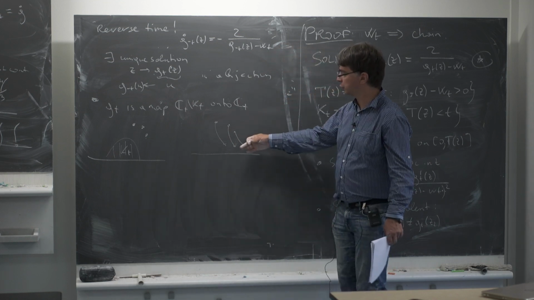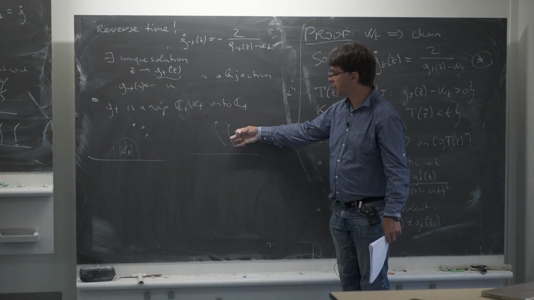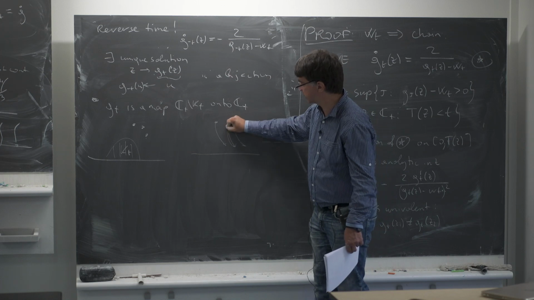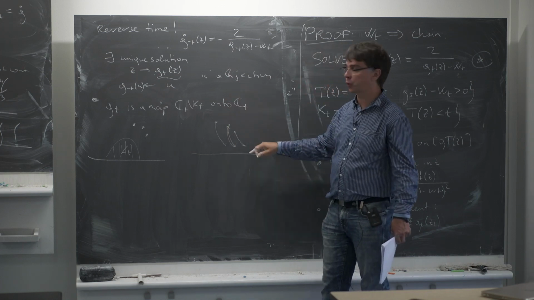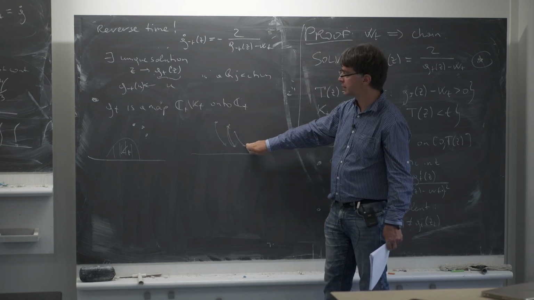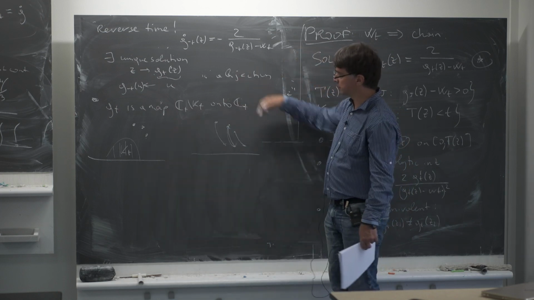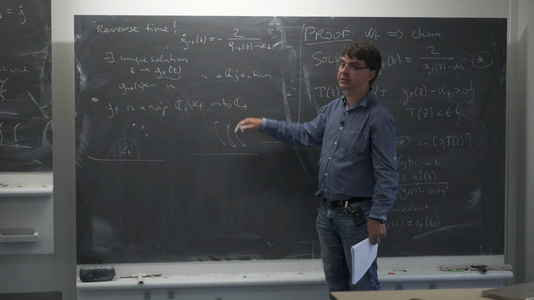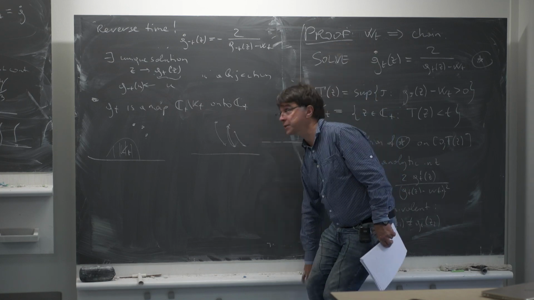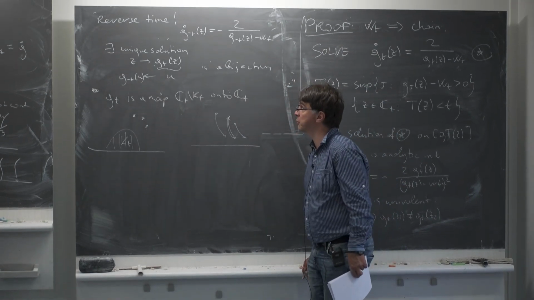And what I want to show is that for all points in C+, I can trace their trajectories back. So I can take any point in C+, it should be on a trajectory of some point under this flow g_t, so I should be able to trace its trajectory back. And that is again what you can do by reversing time.